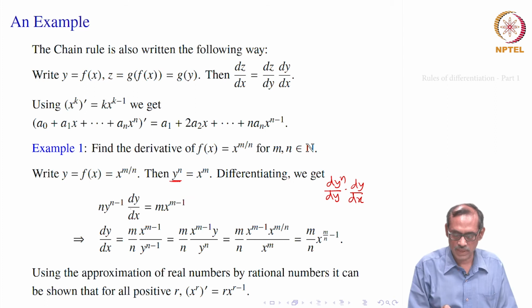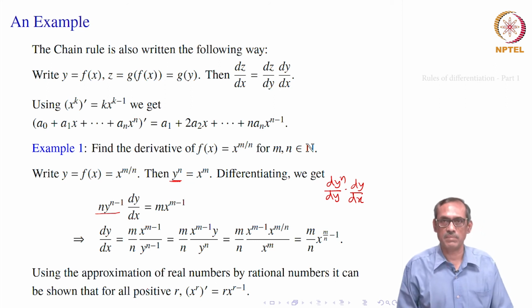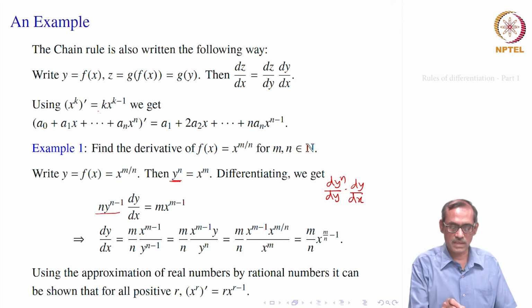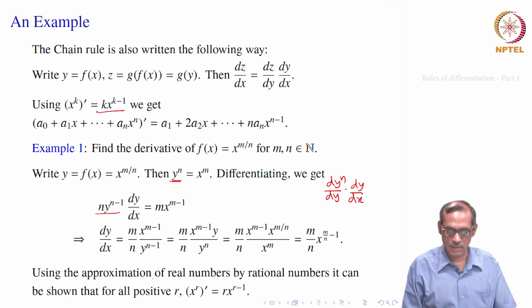So, that gives on the left side n y to the power n minus 1, dy by dx remains. And on the right side we apply this formula. So, that gives m into x to the power m minus 1. Now, you have to simplify this, substituting our y. So, dy by dx will be m divided by n into x to the power m minus 1 divided by y to the power n minus 1.